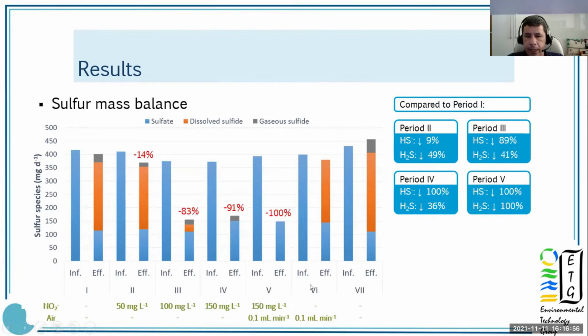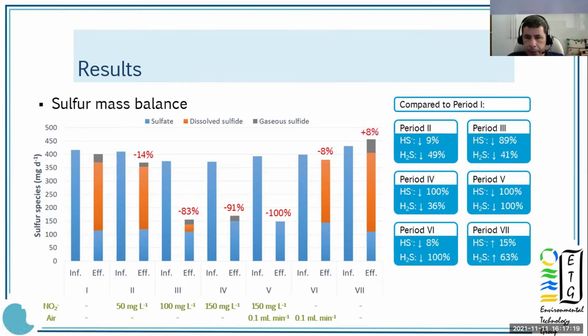And in period 6, when we removed the sulfide supplementation, the reactor decreased the dissolved sulfide removal to 80%, but kept the H2S removal very high. And in period 7, when the condition was the same as applied in period 1, we had an increase of HS minus and H2S concentration compared to period 1.